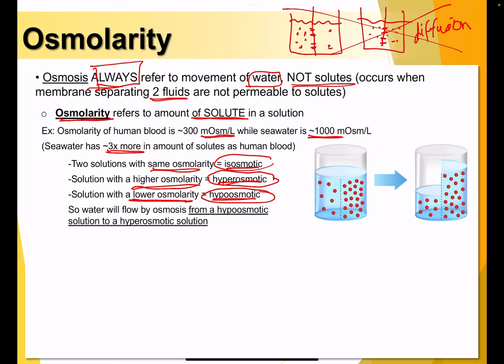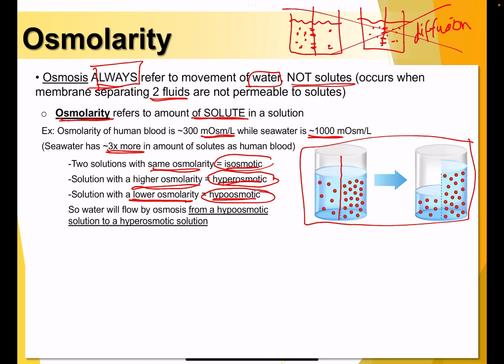So this picture right here illustrates what is happening with osmosis. There's a container with two volumes of fluid separated by this particular membrane. And obviously, this membrane is not permeable to all these red circles on the two volumes of liquid.